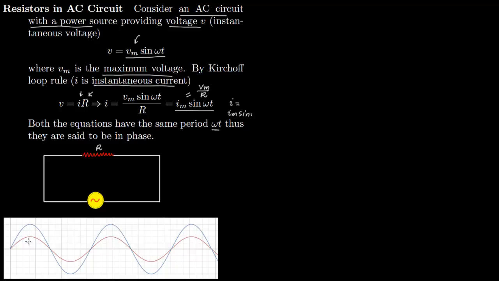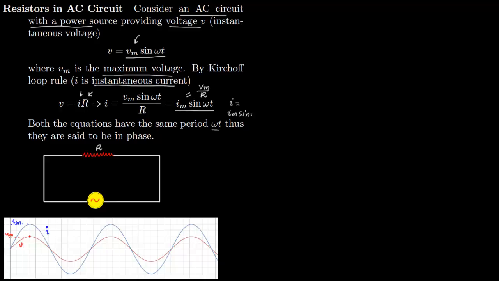So this red curve is the voltage curve V, and this is the maximum value of the voltage V of M. And the blue curve is the current, instantaneous current, and the maximum value of the current is I subscript M. And you can see both of them move in the same way.